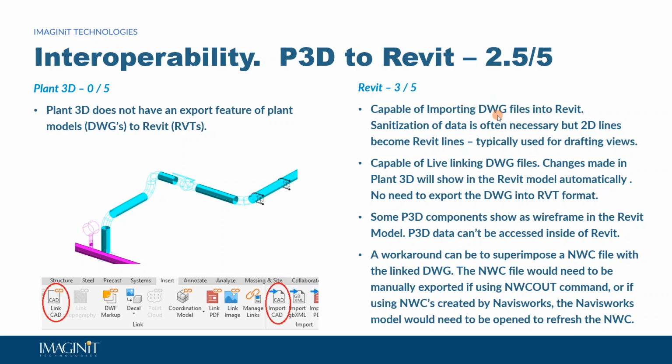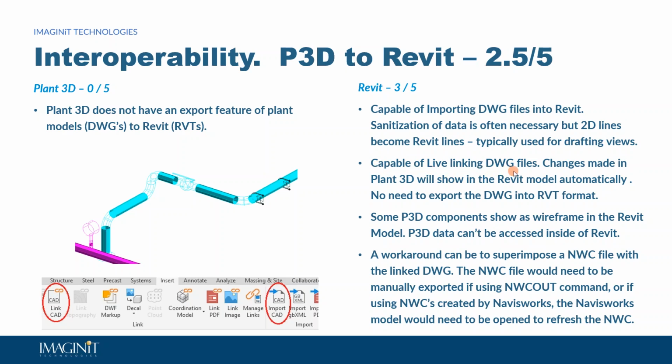So that interoperability is really good because you convert something in a DWG into the Revit model. And then you just need to clean the data so that the line style, for example, don't show layers and instead show what your styles are in Revit.